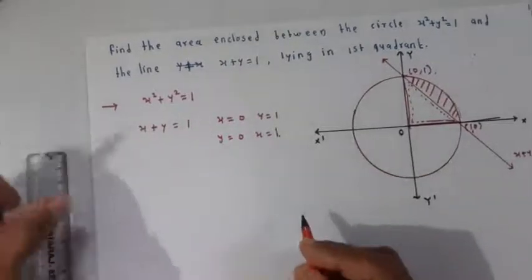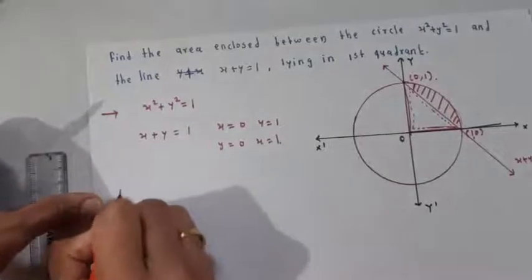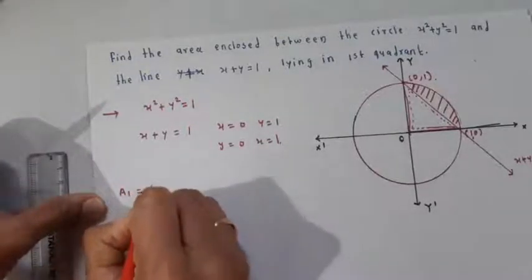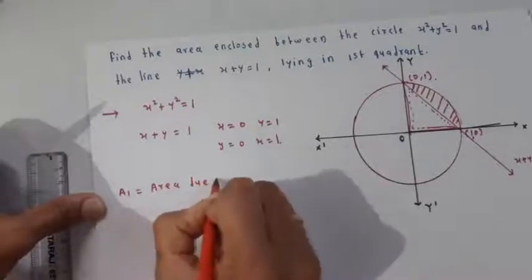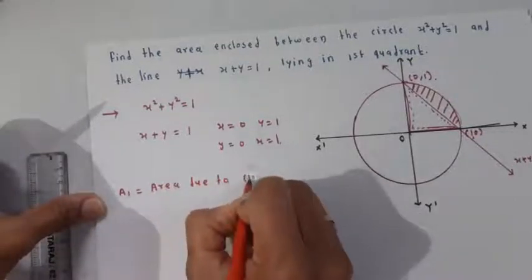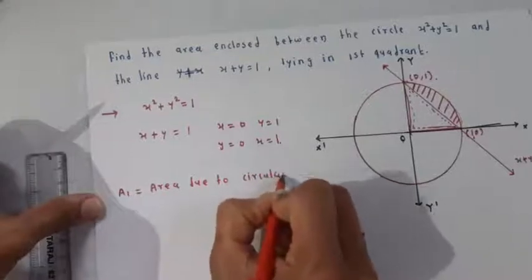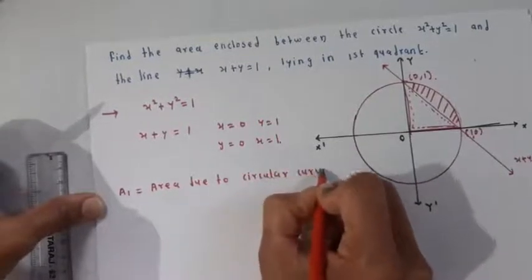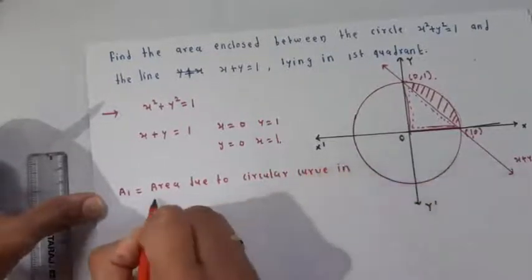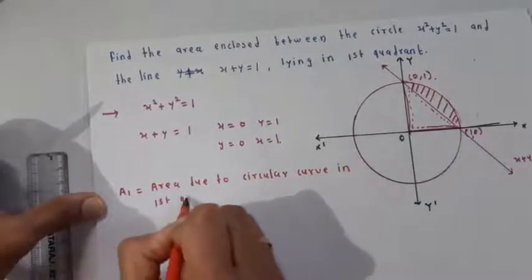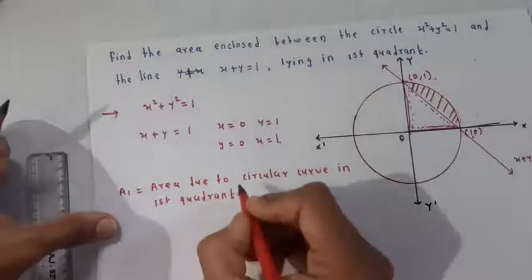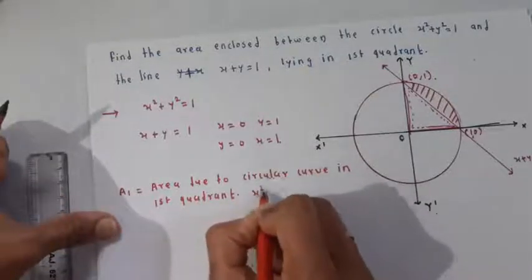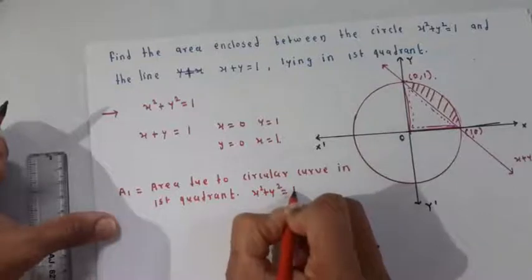Okay, now suppose A1 equal to area due to circular curve in first quadrant. And the circular curve is x square plus y square equal to 1.